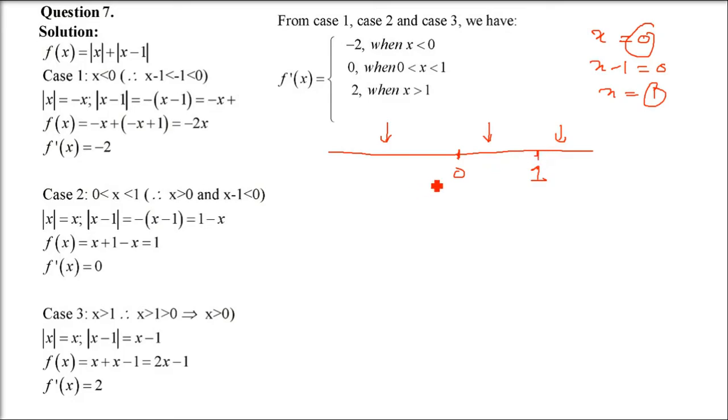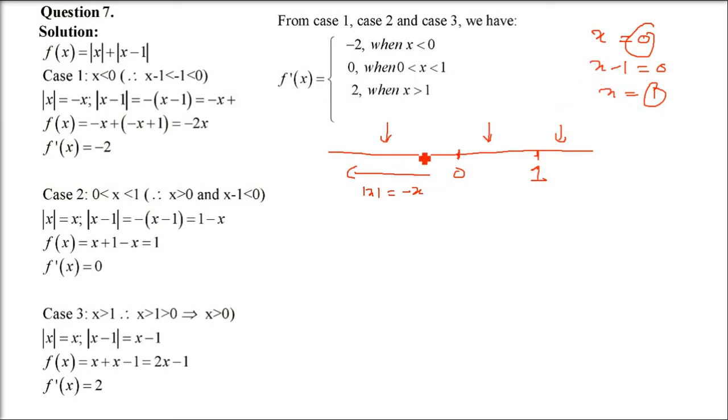Okay, let us say x is less than 0. Now x is less than 0, of course we have seen mod x will be minus x. But if x is negative, then what will be mod x minus 1? You put any value, just check it.